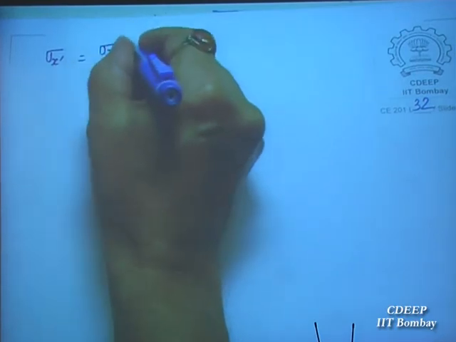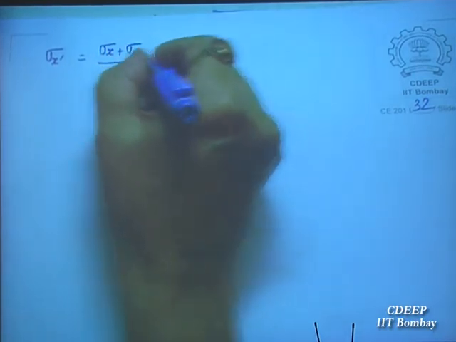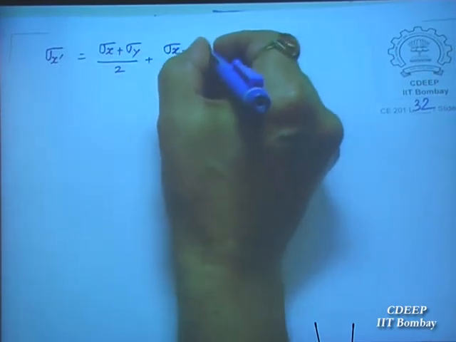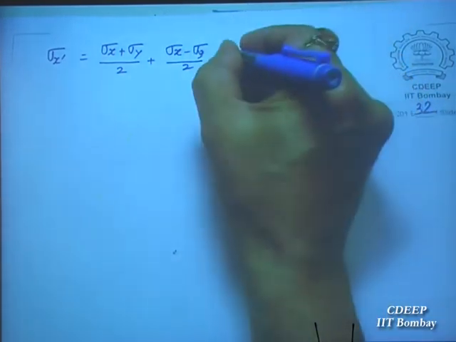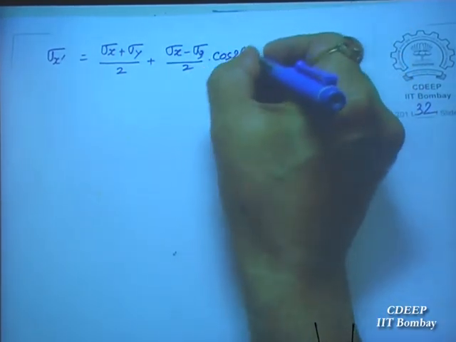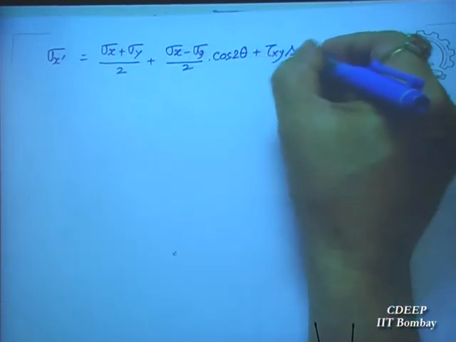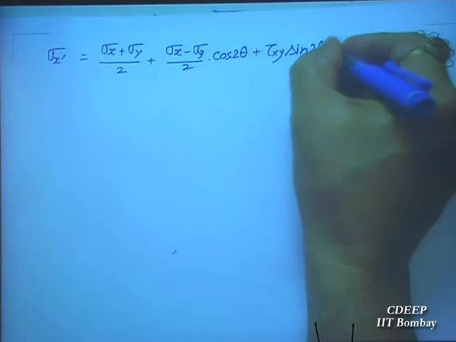Sigma x dash is given by sigma x plus sigma y by 2 plus sigma x minus sigma y by 2 into cosine 2 theta plus tau xy into sine 2 theta.